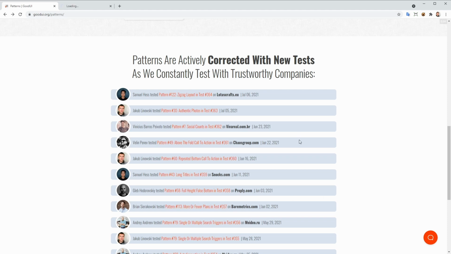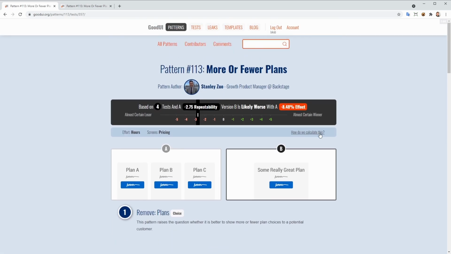And yeah, they get aggregated or organized as patterns. Patterns are essentially collections. So here's one pattern, basically asking the question whether we should have more or fewer plans. And what members can see, that's not visible to the public, is whether a pattern is good or bad, or whether it's negative or positive.